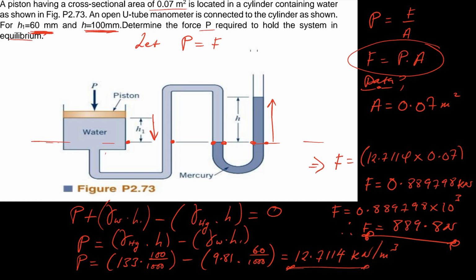Therefore, if we let P be equal to F, remember that F being P is 889.8 newtons, and this is the force required to hold the system in equilibrium.